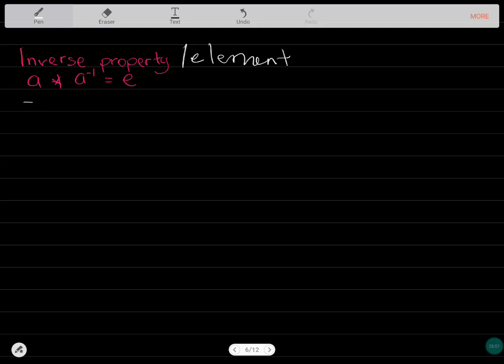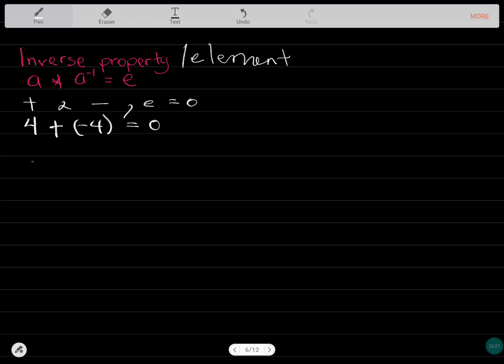So when we pick addition and subtraction, the identity element is 0. So if I pick 4, the inverse element for 4 in terms of addition should be negative 4. And that will give me the identity element, which is 0.